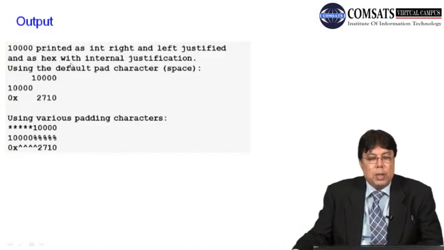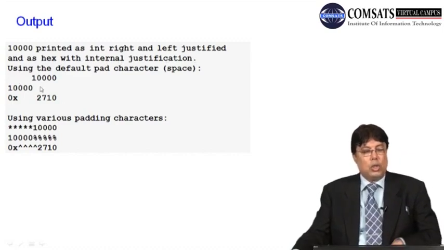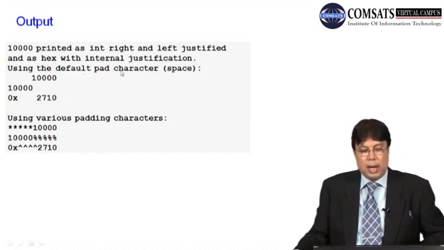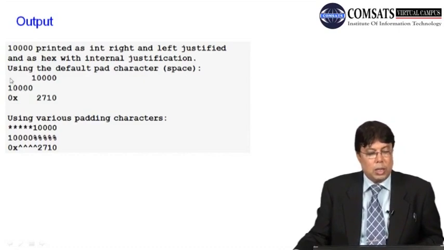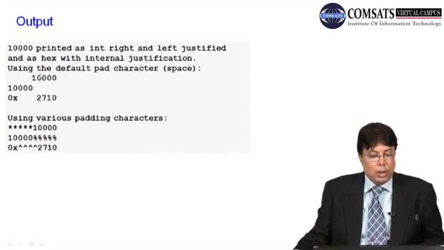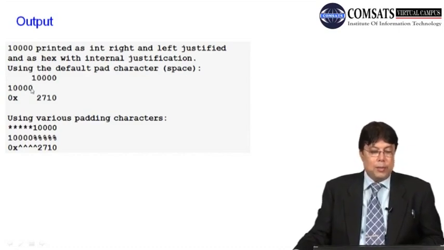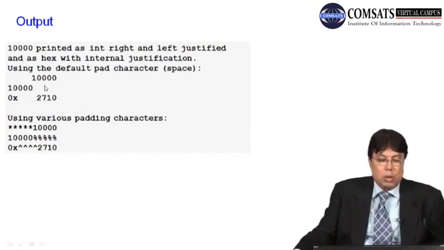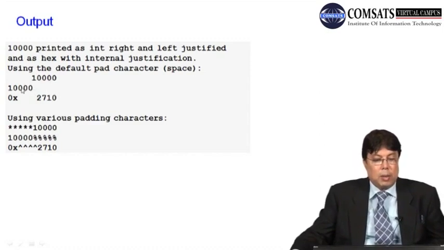This 1000 is printed as internal, right and left justified, and in hexadecimal with internal justification. So using the default padding character, which is space, 1000 is printed like that. Then we said put the 1000 left justified, so the padding has gone to the right side and 1000 comes up here.